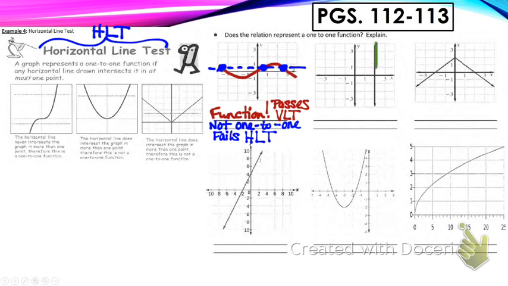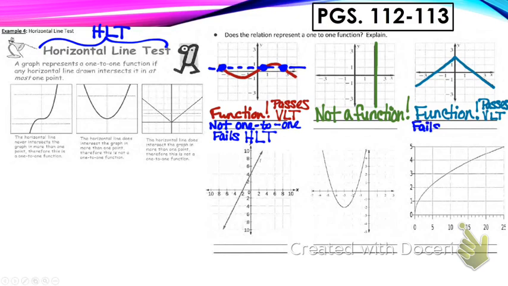This line here in the middle graph, not a function. Correct. Can't be a special kind of function if it's not a function to begin with. Absolutely correct. All right, now I've got this V shape. Was that V shape a function? Yes. It passes the vertical line test, so it's a function, but it fails the horizontal line test.